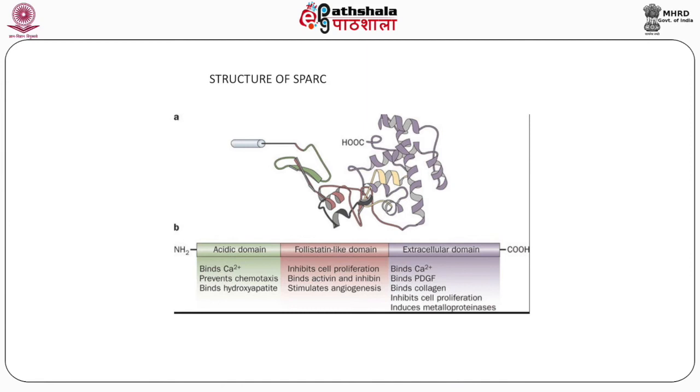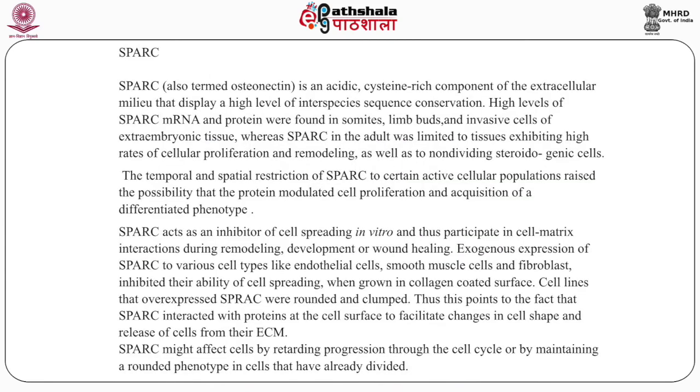Now, just to give in details about these proteins, the matricellular proteins, we start with SPARC. SPARC, also termed as the osteonectin, is an acidic cysteine rich component of the extracellular milieu that display a high level of interspecies sequence conservation.